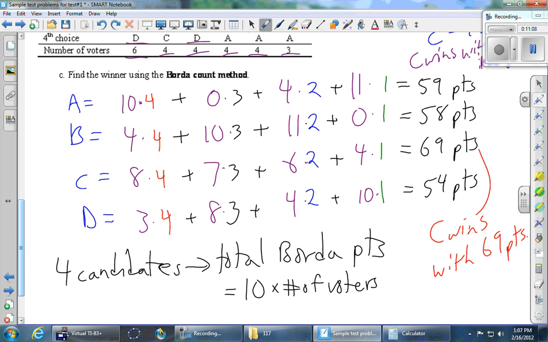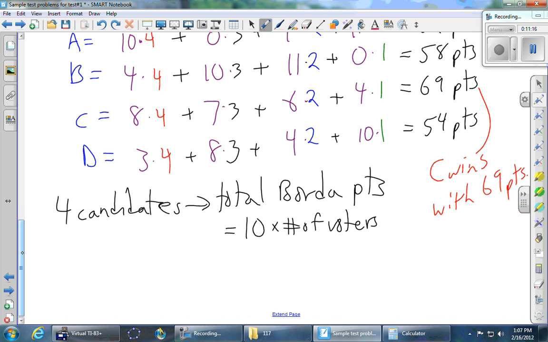Only if you have 4 candidates. If you want to know the total number of Borda points even before you start, you can do 10 times the number of voters. But think about why that number 10, and what that has to do with 4 candidates.